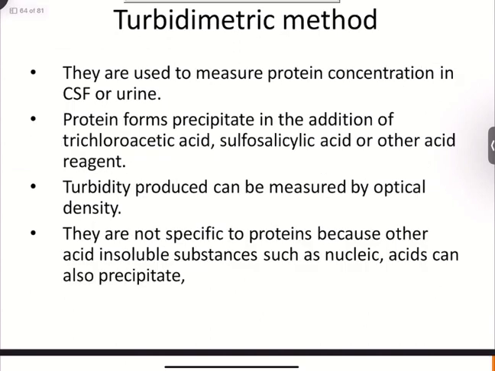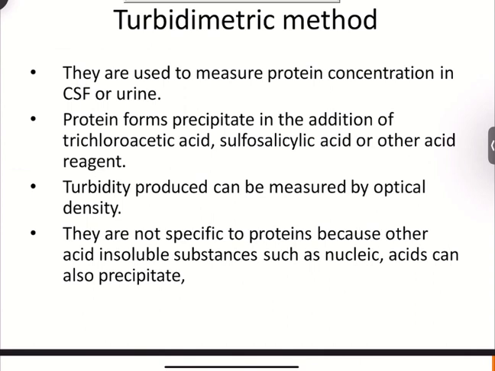Next is your turbidimetric method. Turbidimetric methods are used to measure protein concentration in your CSF or urine. Protein forms precipitate on the addition of trichloroacetic acid, sulfosalicylic acid, or other acid reagent. Turbidity produced can be measured by optical density.